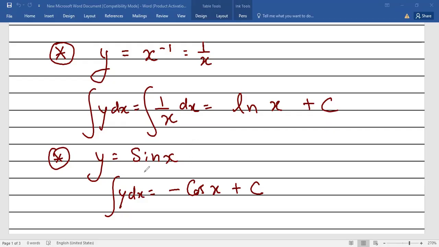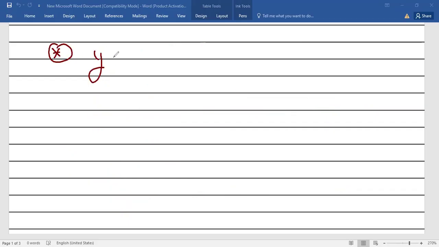But now when we are integrating it, we are getting negative cos x. Okay, please note it down.